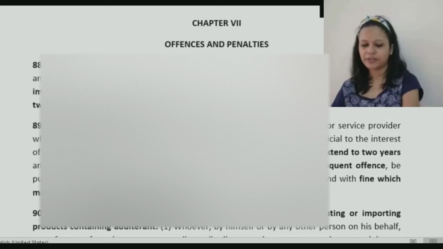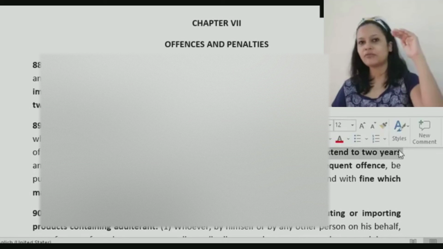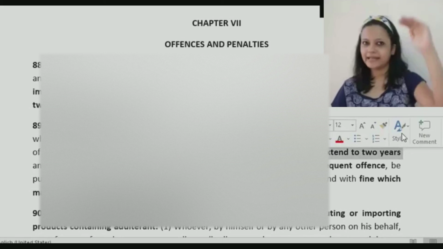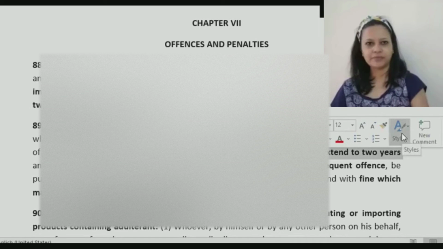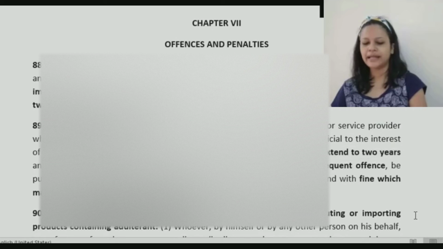The punishment may be imprisonment for a term which may extend to 2 years, that means a maximum of 2 years. Within that, any number of years, months or days can be given, or with a fine which may extend to 10 lakh rupees. So it is a little less compared to violating the central authority's regulation in terms of the fine imposed. So it may be a maximum of 2 years of imprisonment or a 10 lakh rupees fine.